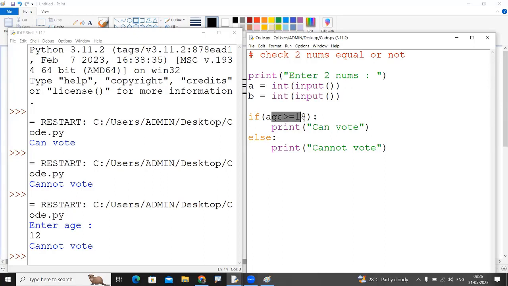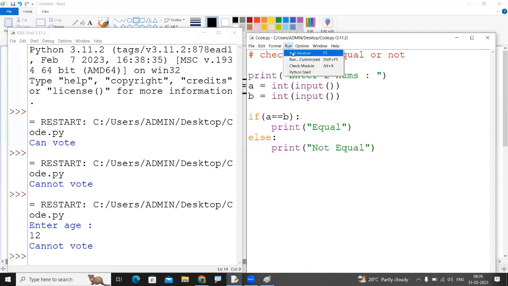Now if both are equal, if A equals B, both are equal means double equal. Remember that. Yes, both are equal, and otherwise both are not equal.